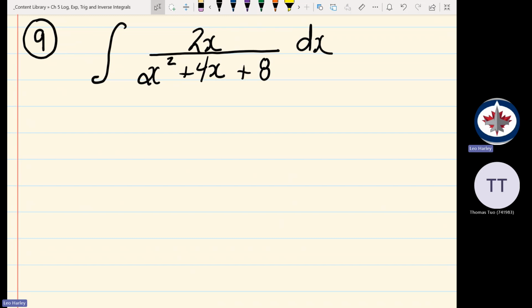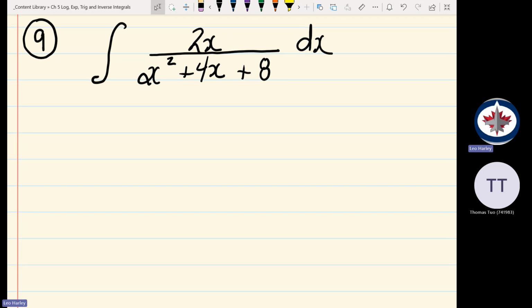You ready? So I'm going to tell you, well, it's all over the place. My suggestion to you is this. If you were going to take the derivative of the bottom, what would the derivative of the bottom look like?